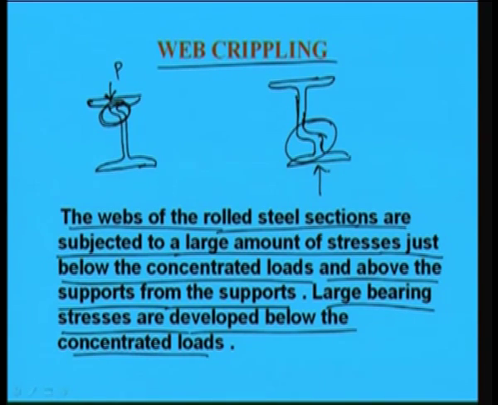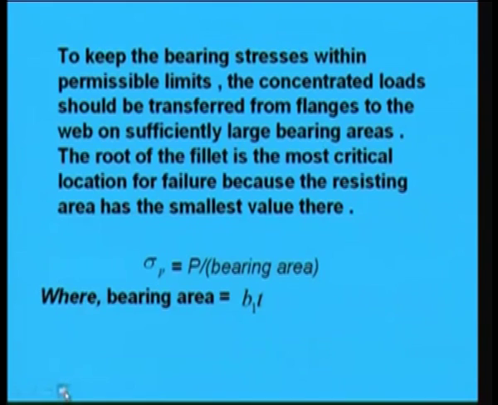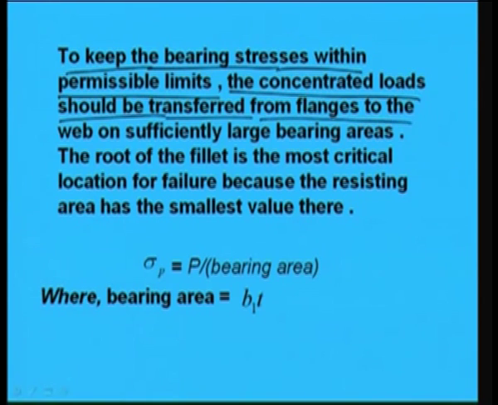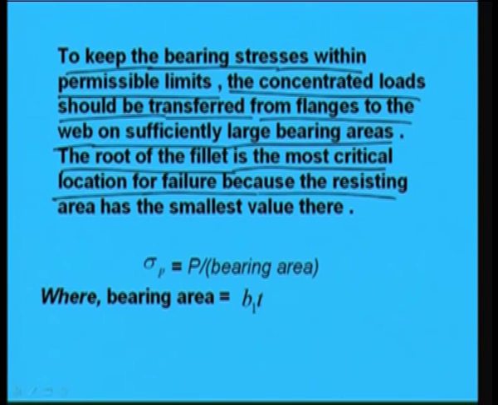Now, we have to design the beam in such a way that this web crippling can be restrained. So, to keep the bearing stresses within permissible limits, the concentrated load should be transferred from the flanges to the web over sufficiently large bearing areas. The root of the fillet is the most critical location for failure because the resisting area has the smallest value there.